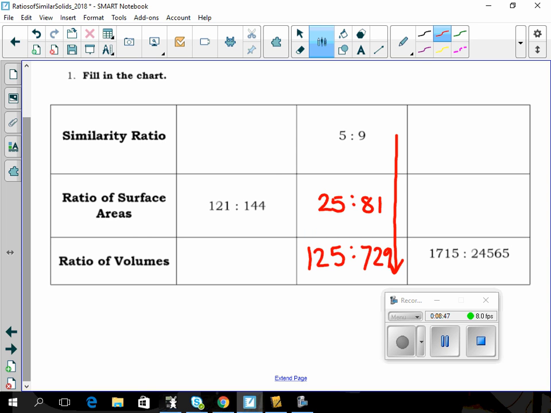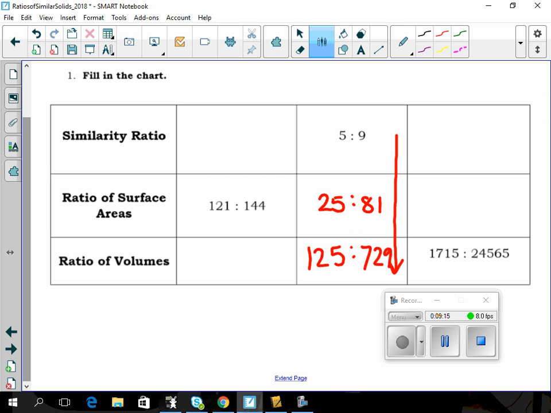Any questions about that? 99% of the time, this is going to be our first step, to create a chart that relates the ratios, the area ratios, and the volume ratios. All right, so if we have the ratio at the top, we can simply go down and fill out the rest. That's pretty straightforward. Let's go back to the first column now.